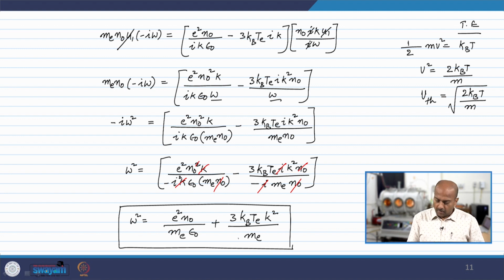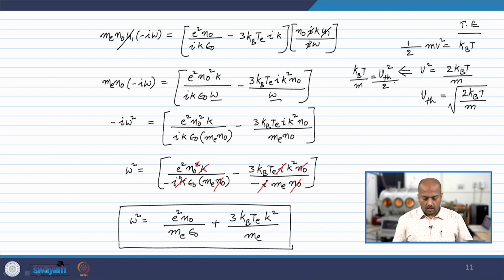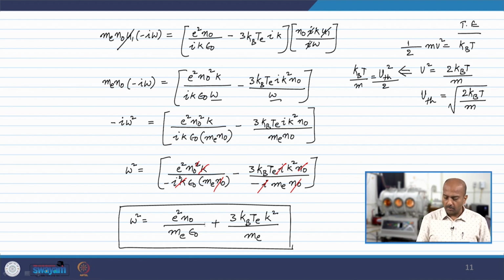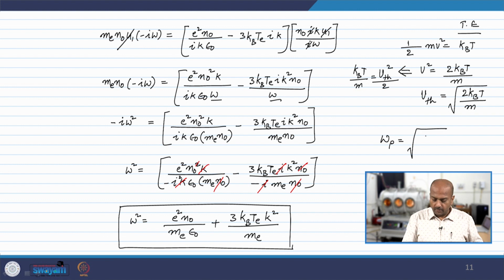So, this k_B T by m can be written as v square by 2, k_B T by m is v thermal square by 2, and this parameter e square n naught by m_e epsilon naught is the plasma frequency. We call it omega_p, which is equal to square root of n naught e square by m_e epsilon naught.